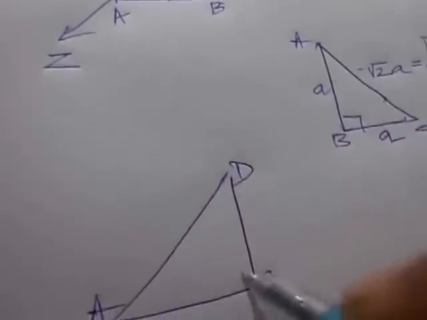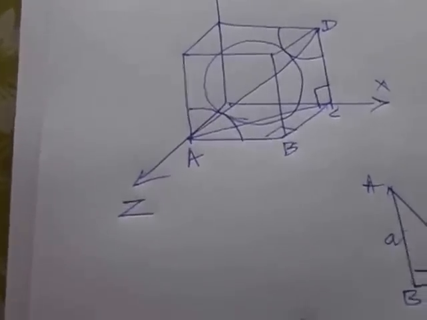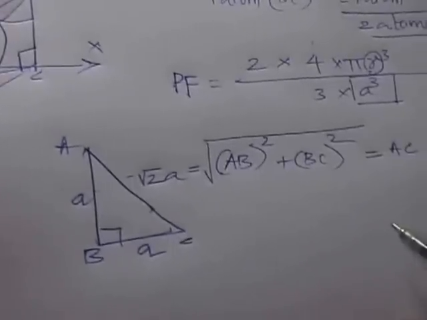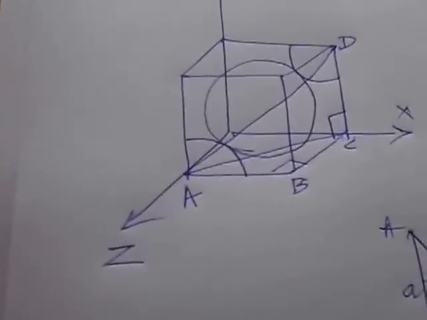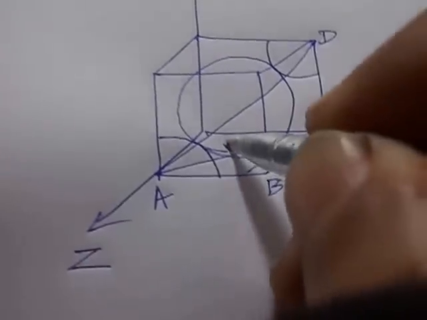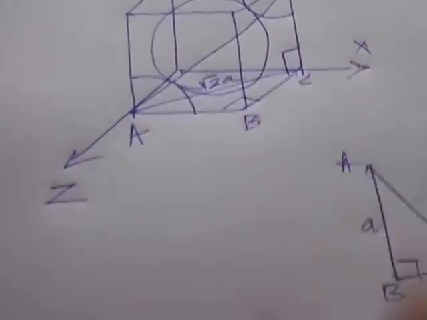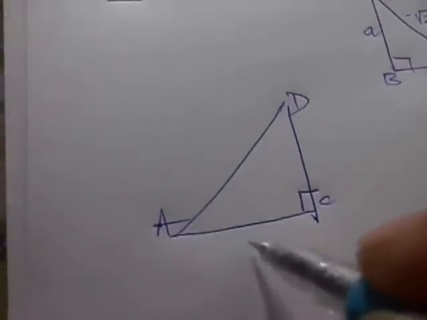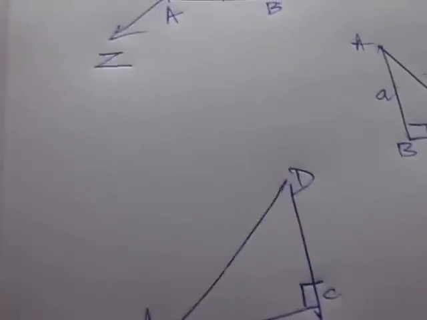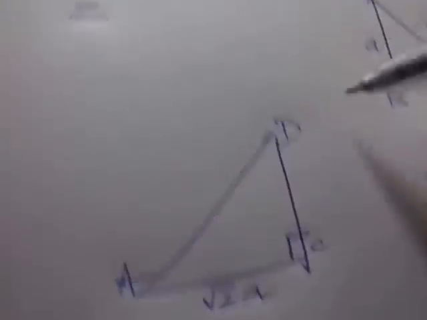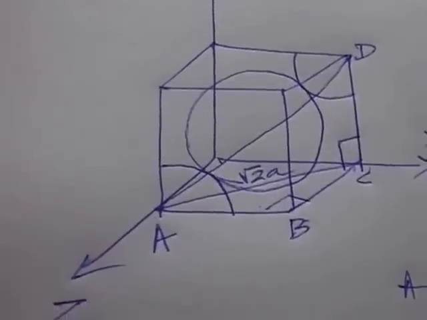ACD, 90 degrees. AC is the base diagonal that we have just now calculated, root 2 into a, and this height CD is small a, the lattice constant.